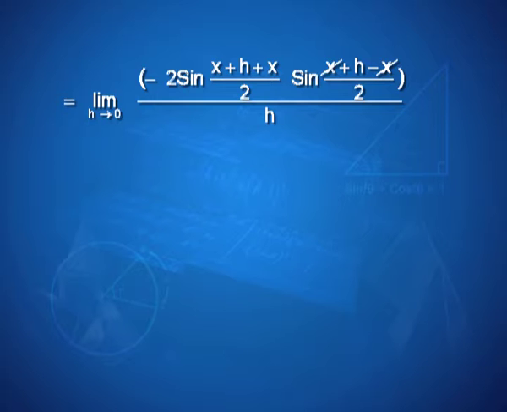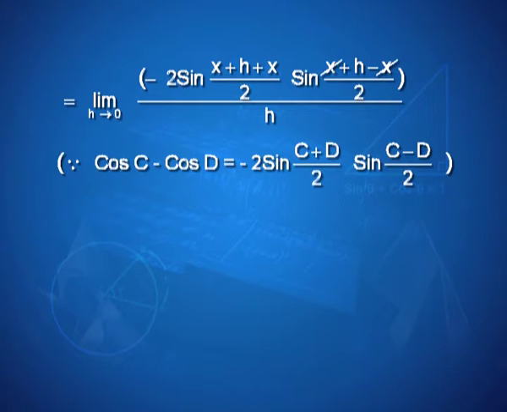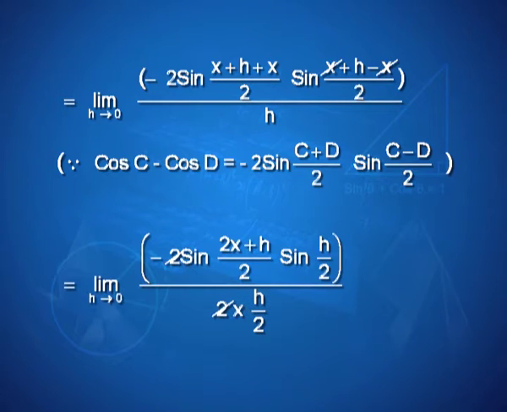This we have solved using a formula cos c minus cos d, which is equal to minus 2 sin c plus d upon 2 into sin c minus d upon 2. This can be further simplified as limit minus 2 sin 2x plus h upon 2 into sin h upon 2 upon 2 into h upon 2 as h tends to 0.